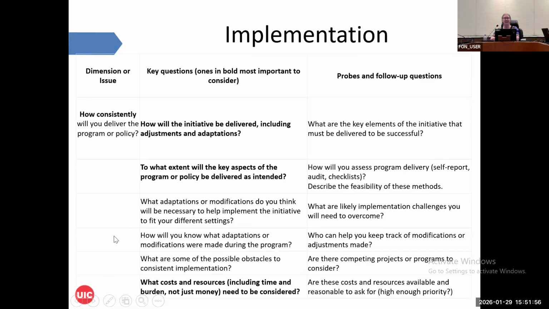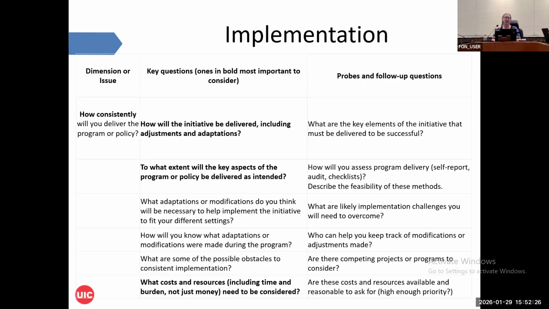Now next, implementation. Here what you want to think about is, how will the initiative be delivered, including adjustments and adaptations? To what extent will the key aspects of the program or policy be delivered as intended?